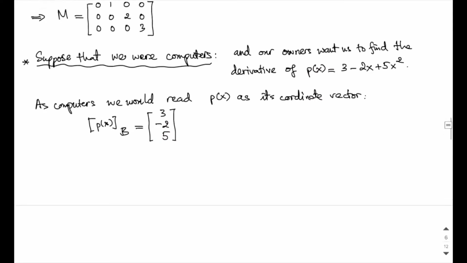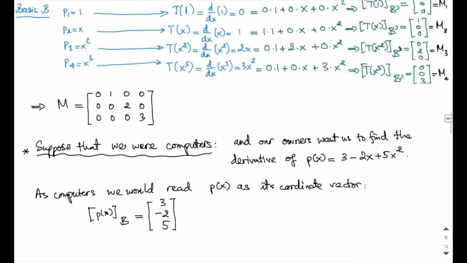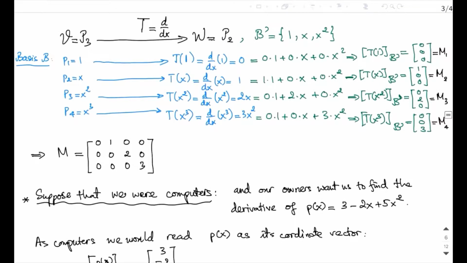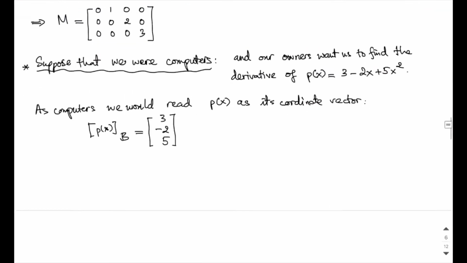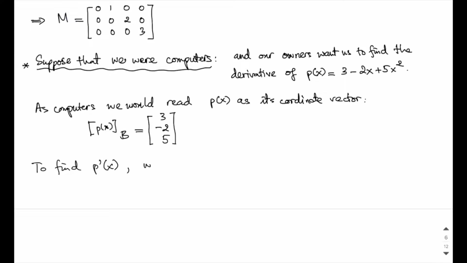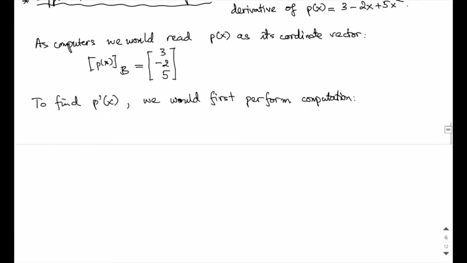And then in order to find the derivative of this polynomial, I was programmed to know that the derivative is in fact just like the matrix multiplication here on the coordinate. So in order to find the p prime, we would first perform the following computation: M multiplied with p of x with respect to the basis B.